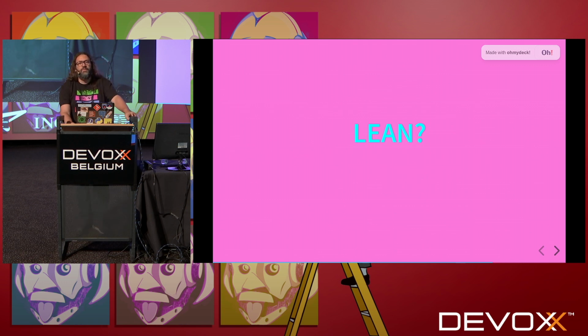So what about Lean? Everybody knows about Lean? Yeah, surely not. So it's very, very much in the center of DevOps, but I mean, it's very narrow. There's a very narrow set of people who really use Lean properly or do Lean properly.